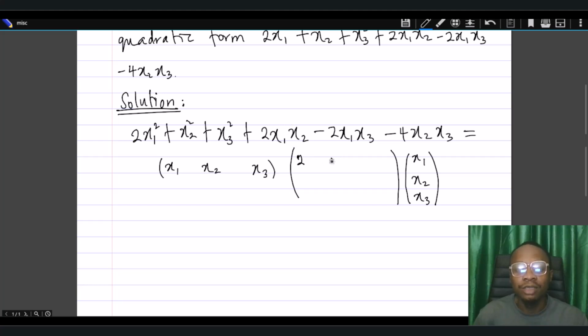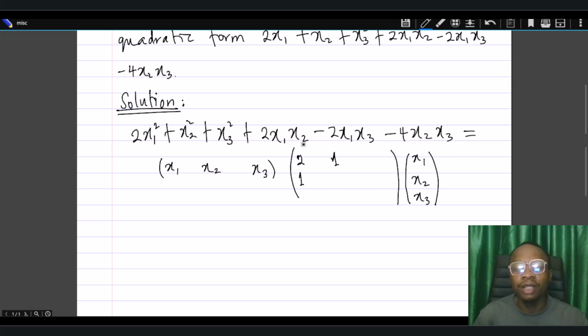But that is not the only instance where it will show up, because the next position, second row, first column, will still be x1x2, whichever end you look at it from. So those outside the main diagonal, that is, the cross product terms, will be split into two. The coefficient of x1x2 is 2, so we split it into two portions: one of them comes here, that is 1, and the other comes here, that is 1.